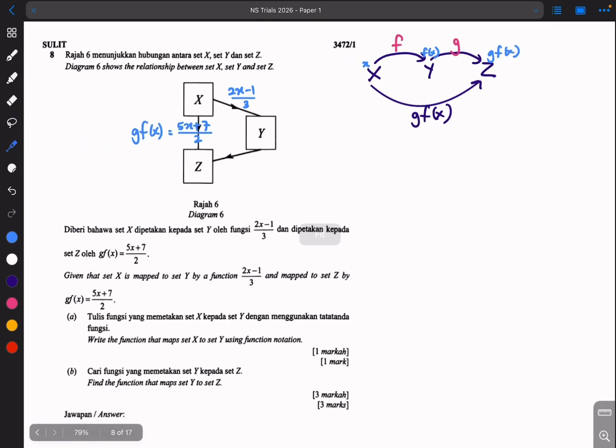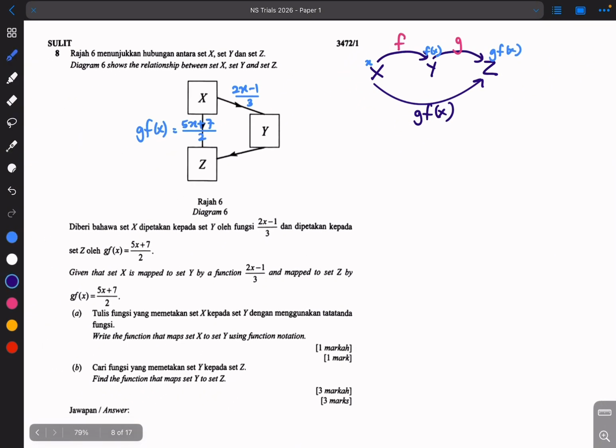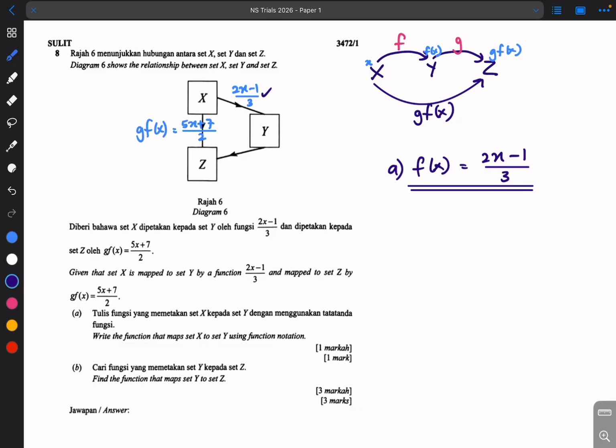Right. So question A, they want us to write the function that maps x to y, right? So x to y is basically function f. So we just say f of x equals to this, 2x minus 1 over 3. Done. That's A. Right, then we need to find B. B, they want us to find the function that maps set y to set z.